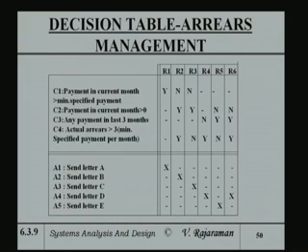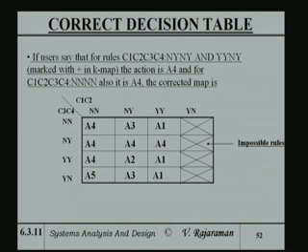Action A4 really is send letter D. So, you send letter D, and in fact, in the other cases also send letter D, which may be some kind of a common type of letter. Whatever it is, I do not know what the letter contains. Anyhow, I am assuming the manager told that A4 is to be used rather than A1 or A2. So, I put A4 in both these cases and remove A2 and A1.